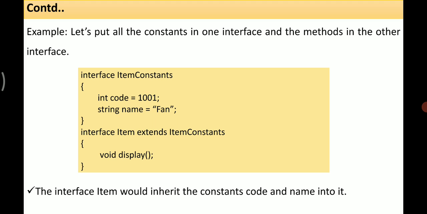The interface Item will inherit the constants code as well as name from ItemConstants into the interface Item.